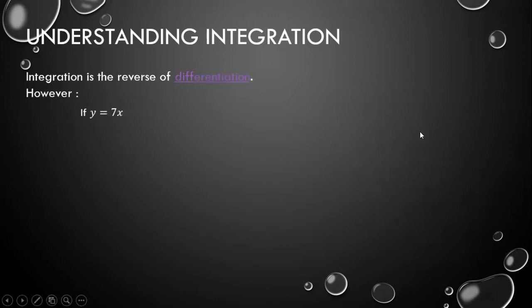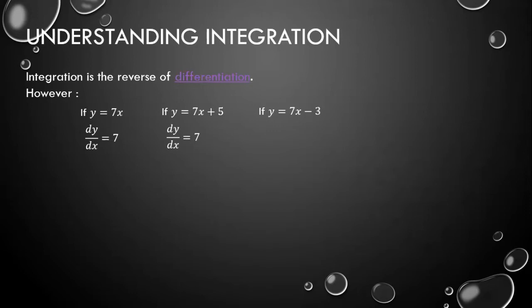If y equals 7x, dy over dx equals 7. If y equals 7x plus 5, dy over dx equals 7 as well. And if y equals 7x minus 3, dy over dx equals 7 as well.